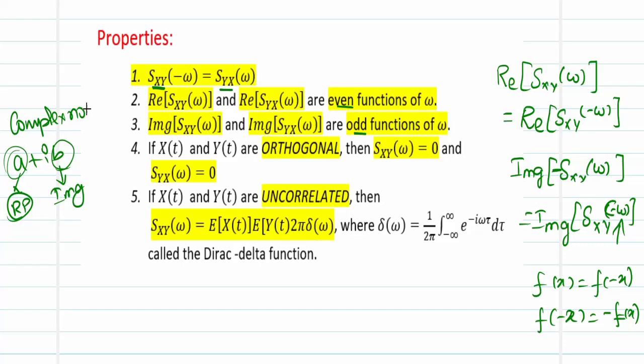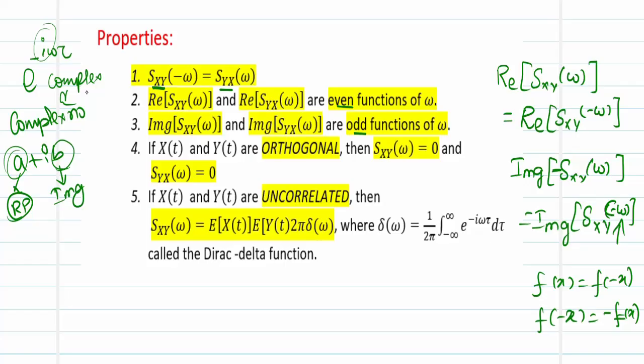We give this as a complex number because we have e power minus i omega tau, which involves an i. So what it generates is a complex number.